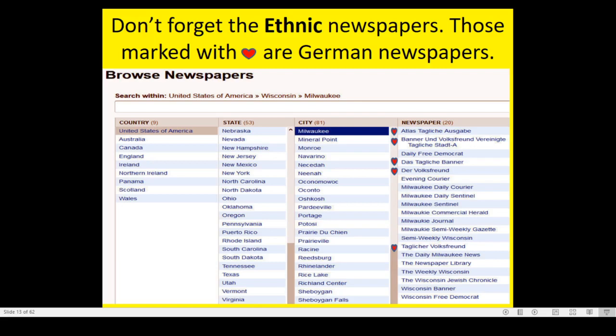And I said, well, I'm going up to Madison, and they happen to have all the Wisconsin newspapers up there, including the ethnic newspapers. So I looked in the Polish newspapers, I had his name and his date of death, and lo and behold, I found his obituary there. And I was able to provide that for her. Okay.